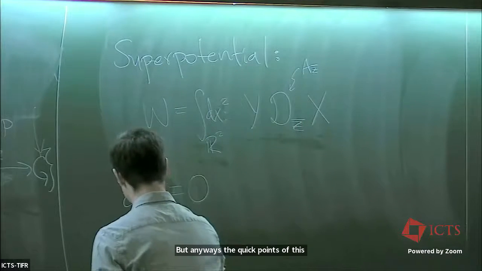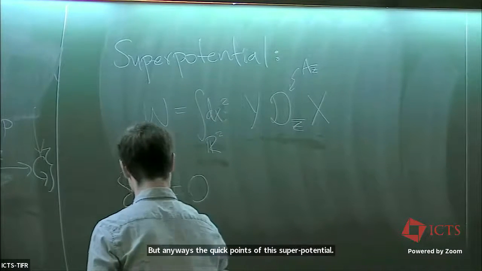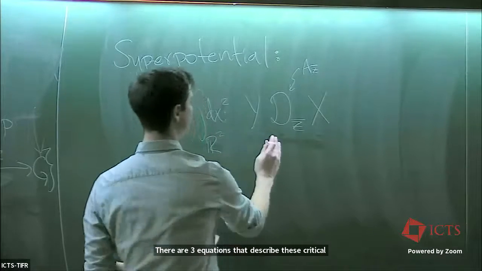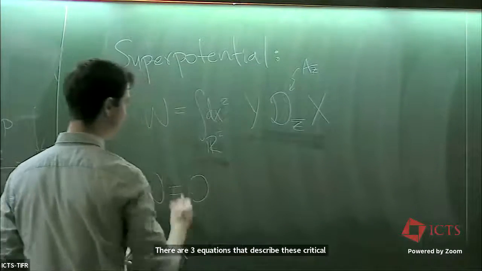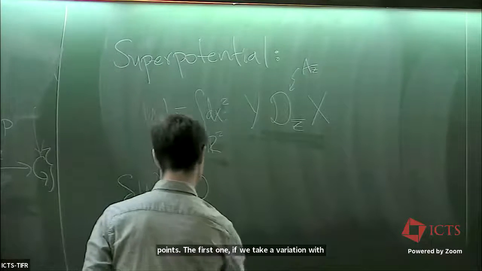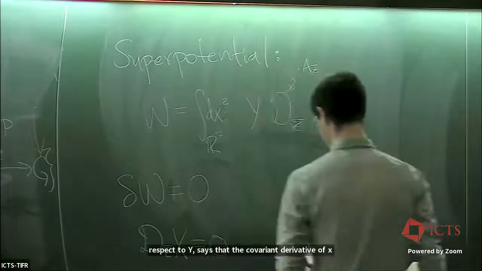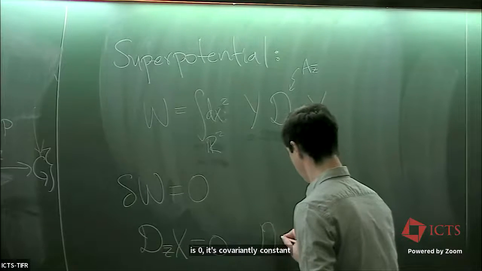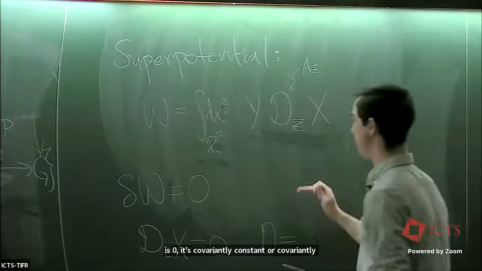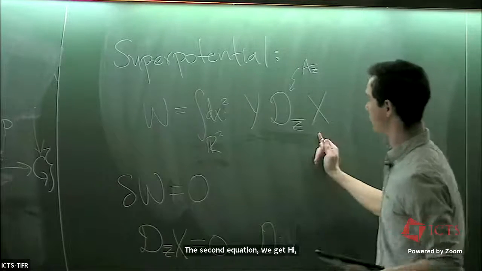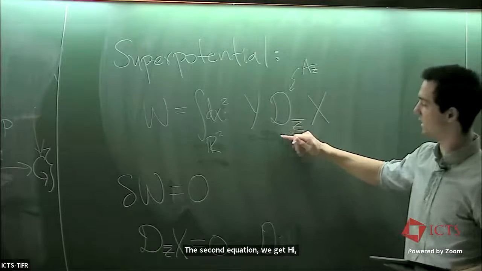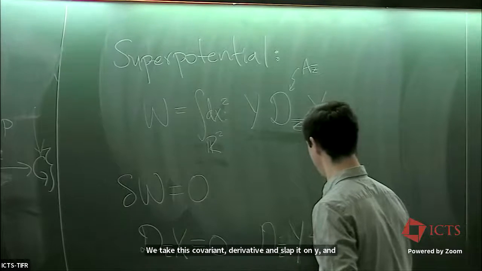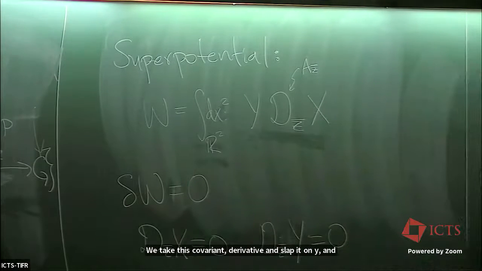The first one, if we take a variation with respect to y, says that the covariant derivative of x is 0. It's covariantly constant or covariantly holomorphic in the plane. The second equation we get by varying x: by integration by parts, we take this covariant derivative and slap it on y. And it too is covariantly holomorphic in the plane.